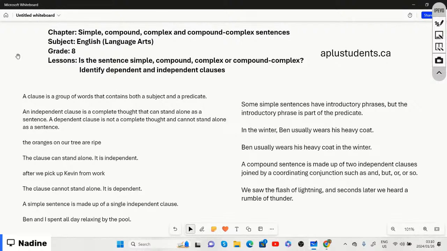Or we can turn it around and say, Ben usually wears his heavy coat in the winter.